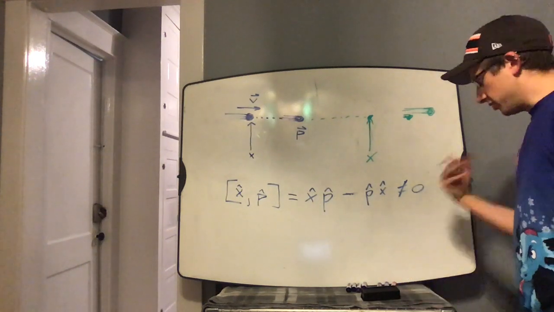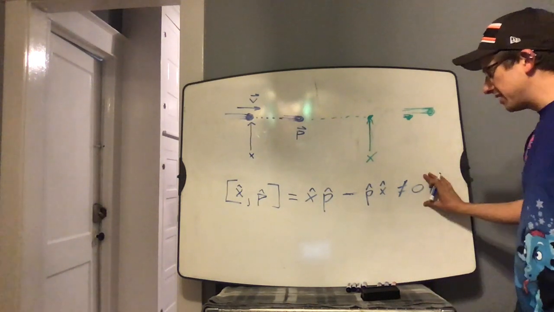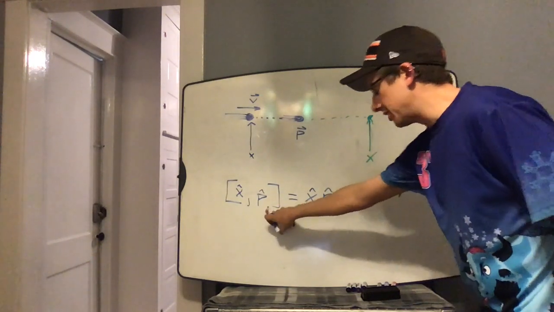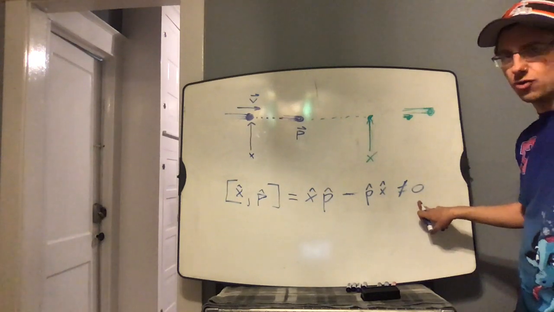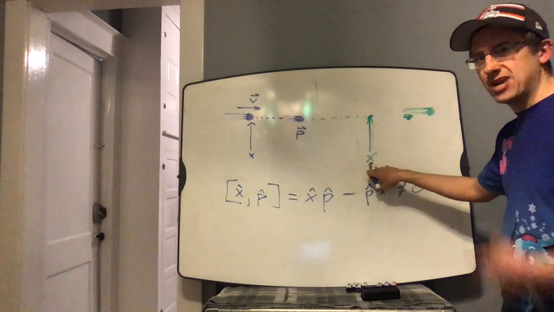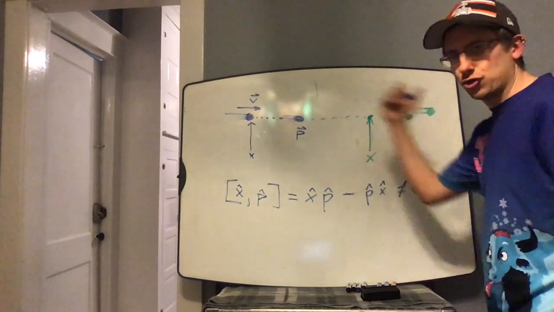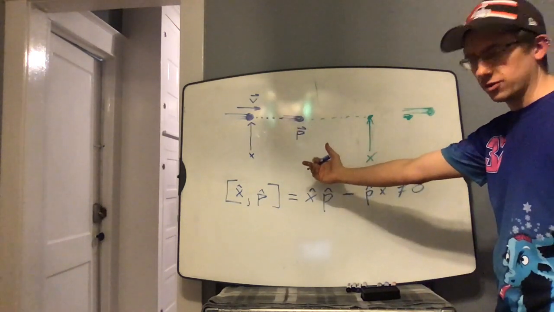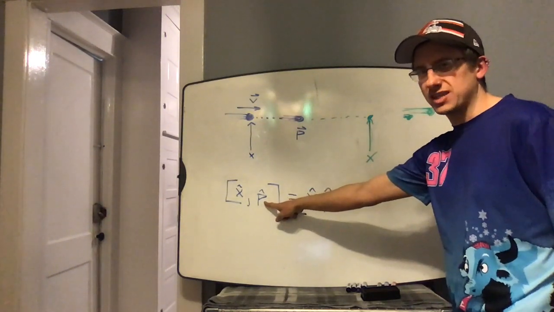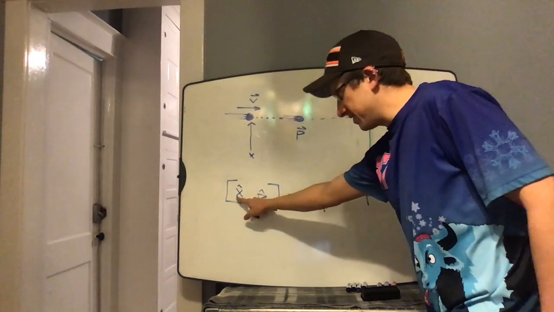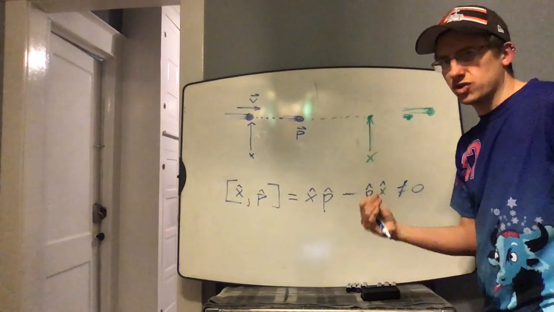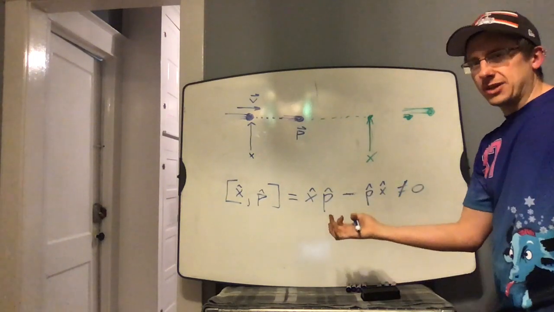And a consequence of this commutation relation being something other than 0 is that measuring one quantity to a phenomenal degree of accuracy introduces uncertainty into the other quantity. So if I measure momentum to a phenomenal degree of accuracy, I will necessarily have uncertainty in my measurement of position, and vice versa. This is absolutely not obvious.